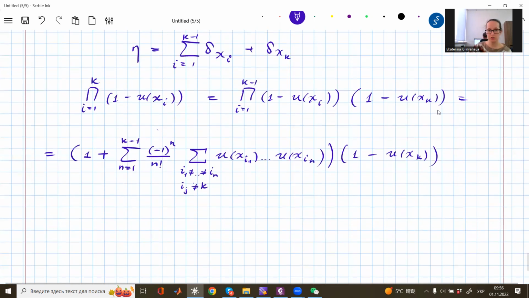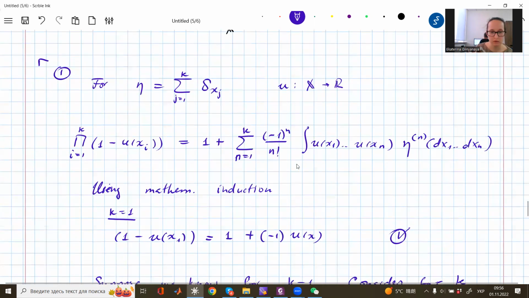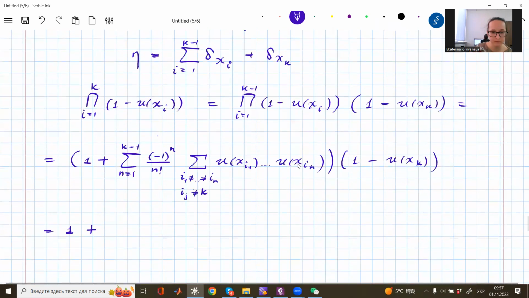So now if I just open the brackets, we need to understand that we have the same as what is stated in this first step, in this formula star.